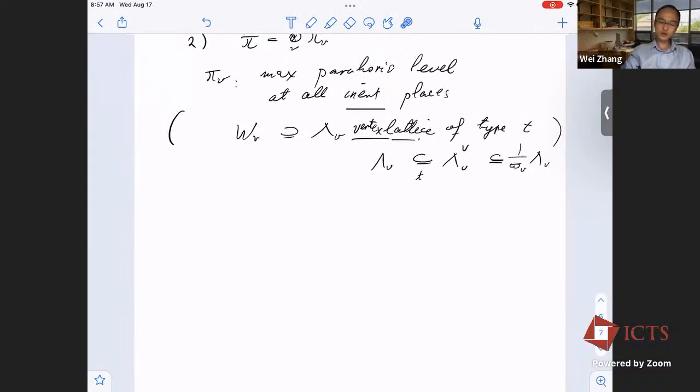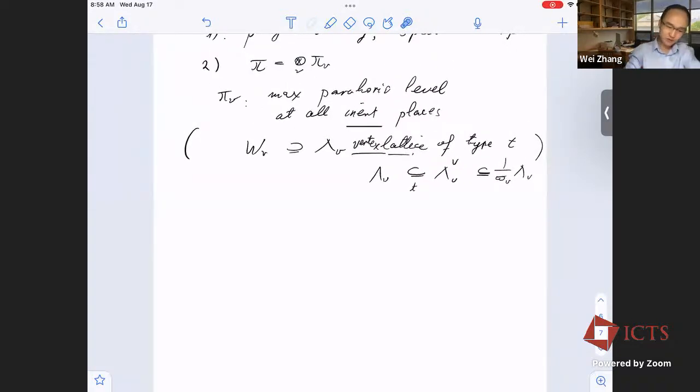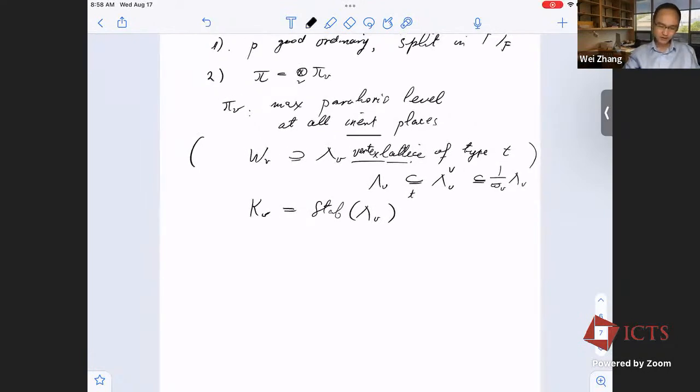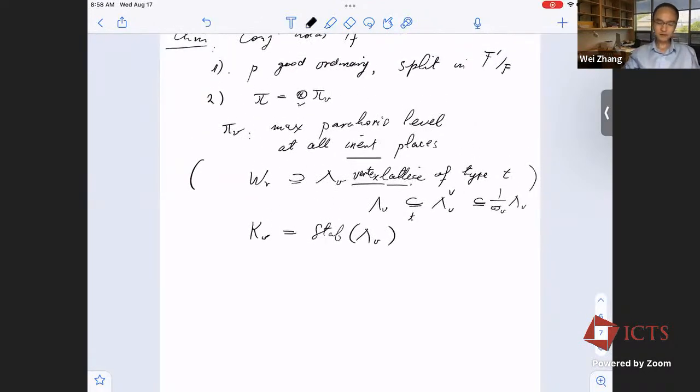The vertex lattice just refers to this condition, that it has to be in between the lattice and its translation by 1 over the uniformizer. So the stabilizer K_v will be the stabilizer of this lattice. This is a special parahoric subgroup. I require pi_v to have a vector fixed by this maximal compact. So that's maybe the important condition.